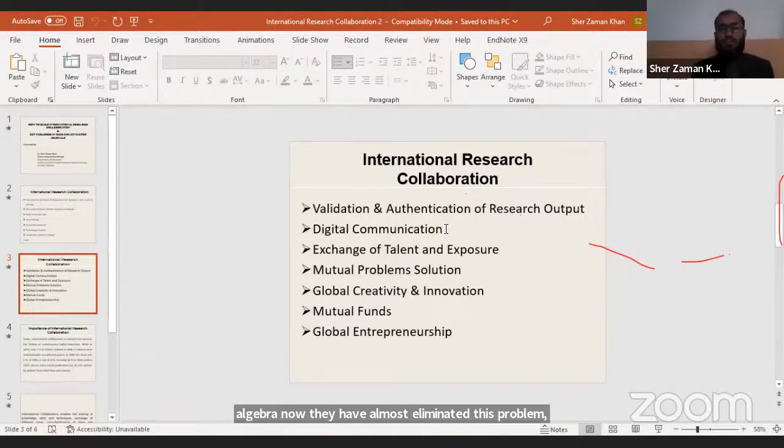Similarly, global creativity and innovation. If we have an international research collaboration, we can improve global creativity and innovation, because currently creativity and innovation are the crux of industrialization. These are the crux of digital entrepreneurship.